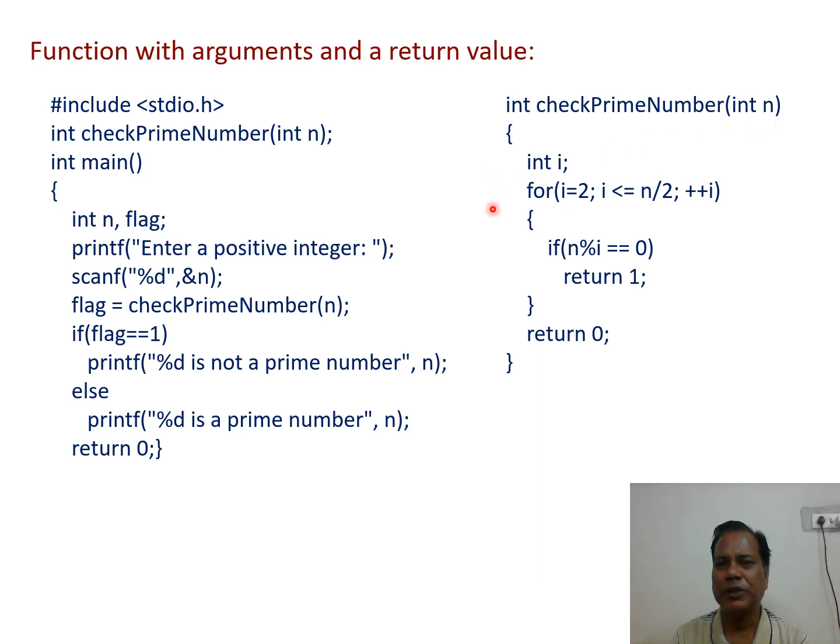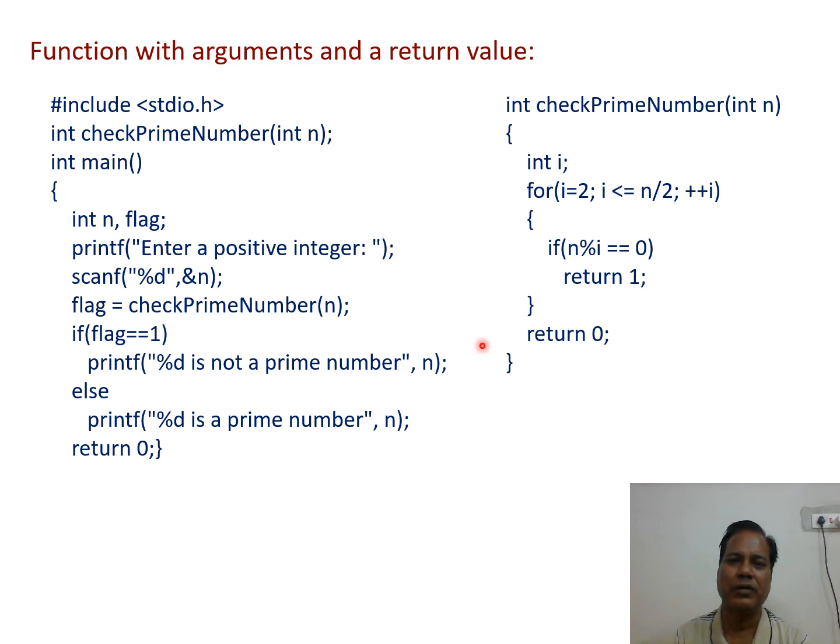Then within the body of this function, int i; the integer variable i is declared, and again the entered number is divided by a range of values from 2 to n by 2, and if that number is divisible by any number within this range, then return 1. The value 1 is returned, otherwise return 0.